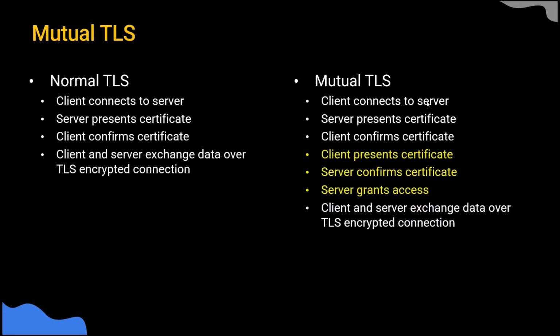And then only if that certificate is valid for reaching that website or that API does the server actually grant access, and then they start communicating. So it's a two-way authentication. Not only does the client validate the server, but the server is going to validate the client. So that's where you get the greater security.